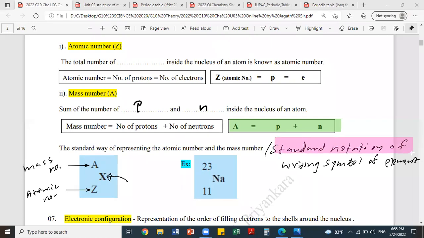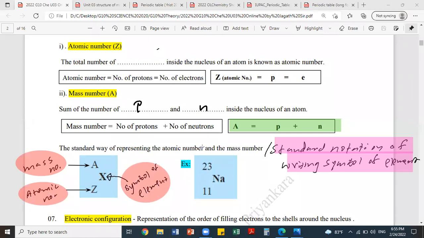X is not the real symbol, so X can be the symbol of any element. A will be the mass number, Z the atomic number, and X the symbol of the element.